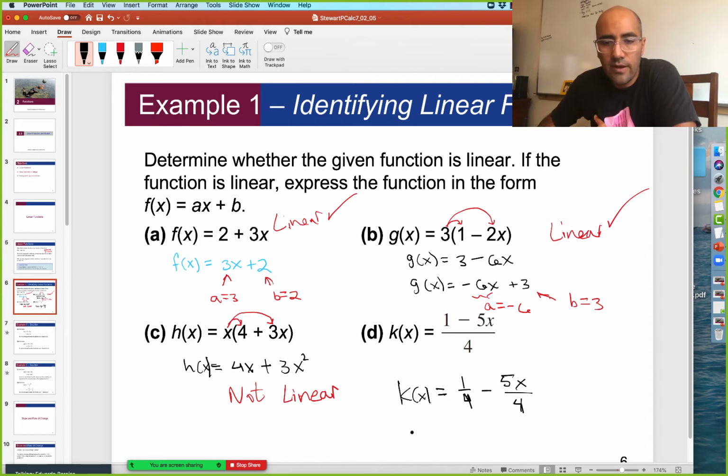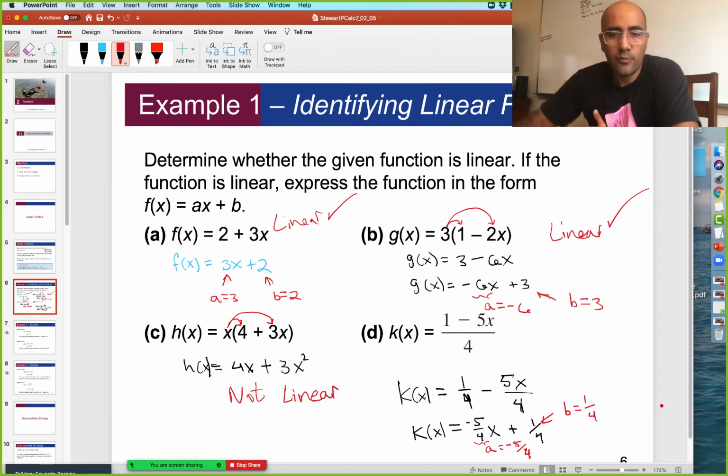And then we can move it around and simplify it a little bit more and say that this is k of x equals negative 5/4 x plus 1/4. And now we have our value of a equals negative 5/4, and our value for b equals 1/4. Pretty easy, right?